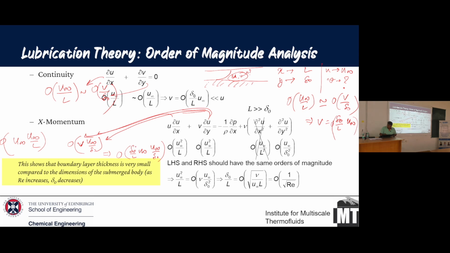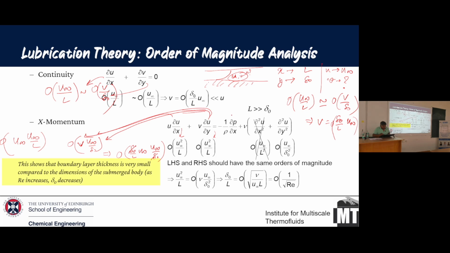So you can see that you would simply get u infinity squared by L on both sides. So this is u infinity squared by L, this is also u infinity squared by L. And which is great because at least we know that we are in the right way. Okay? So both of these terms have got the same magnitude of strength.